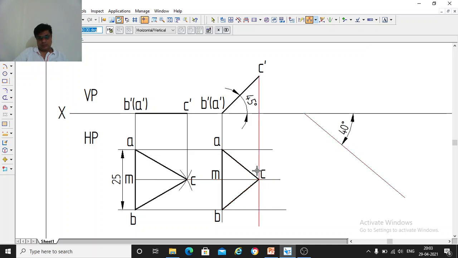So we will take the corner C now and we will draw a line from this. On this line we will draw an arc. So first let us take the point C. You take this point C anywhere on this line.